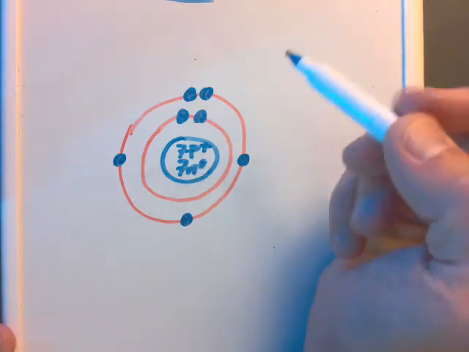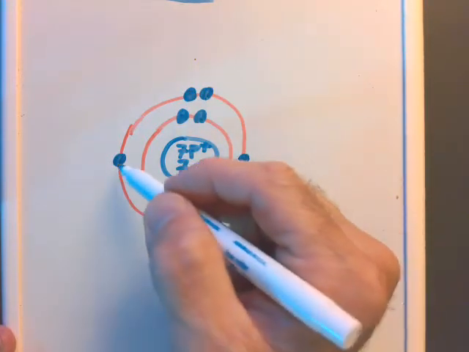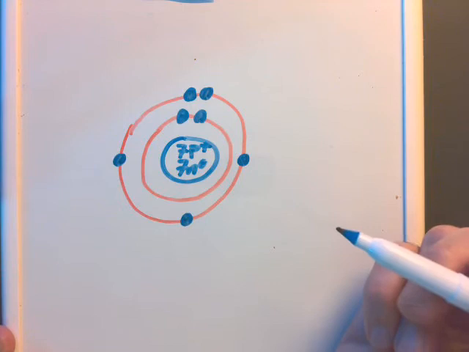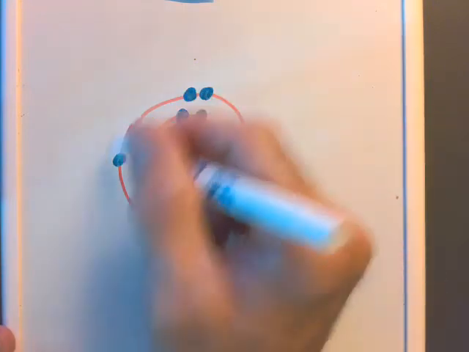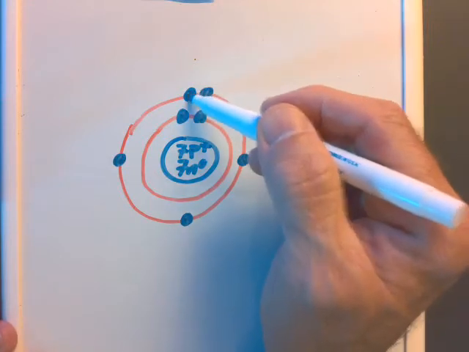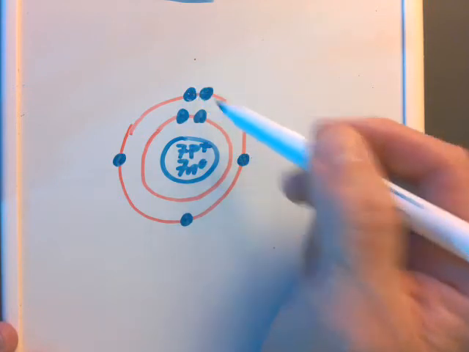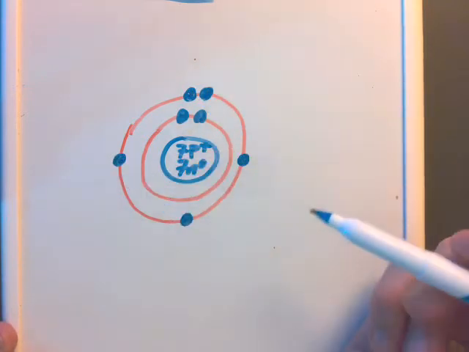So let me review what I just did. Again, imagine there are 1, 2, 3, 4, 5, 6, 7, 8 slots where an electron could go. I'll just go clockwise. It doesn't have to be clockwise. I'm going to need 5 electrons here. I pair the first 2, and then I go single, single, single. Always pair the first 2, and then put the others out singly.